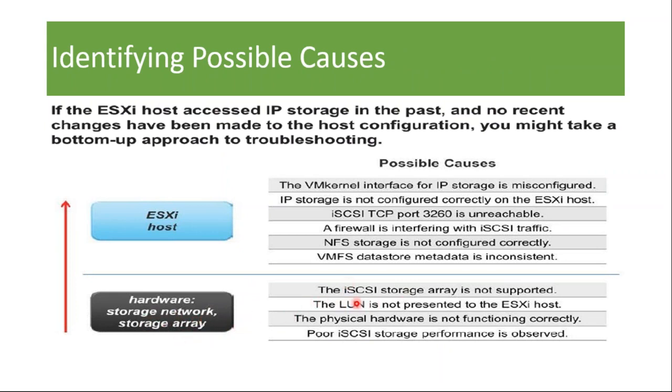In your storage box, you have to validate whether the iSCSI storage array is supported or not. Then the LUN is not presented to the ESXi host. It means maybe the data store signature was corrupted. Due to that, your LUN is disconnected from your ESXi host.